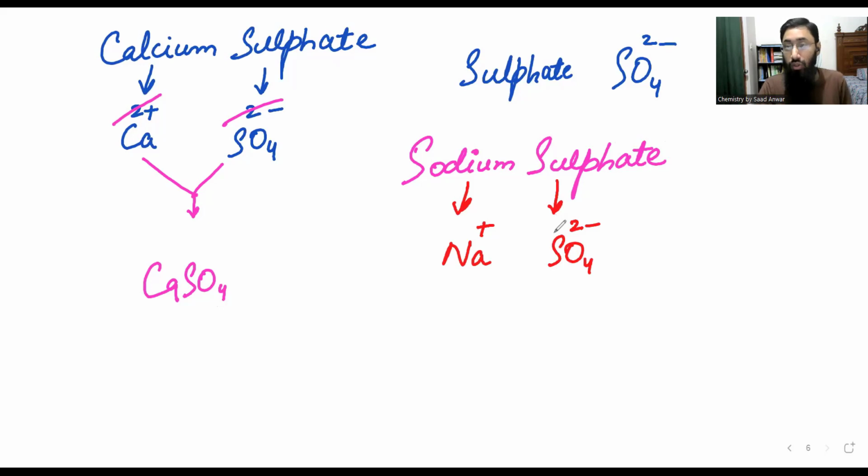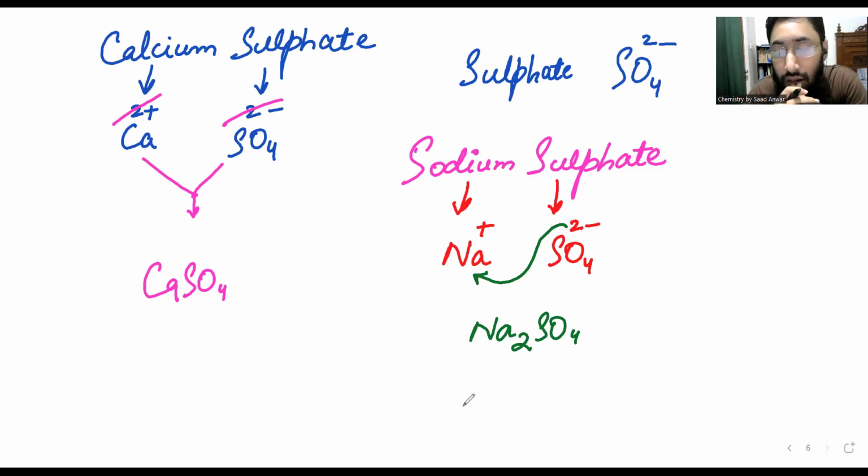Now we use the crossing over method. By crossing over, we transfer the 2 here. This is +1 and we don't need to transfer 1. So the final formula will become Na2SO4.